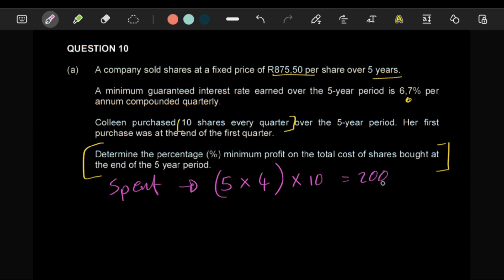So these 200 shares, we know that she spent 875.5 for each of them. So let's see what is the amount spent here for all these shares.